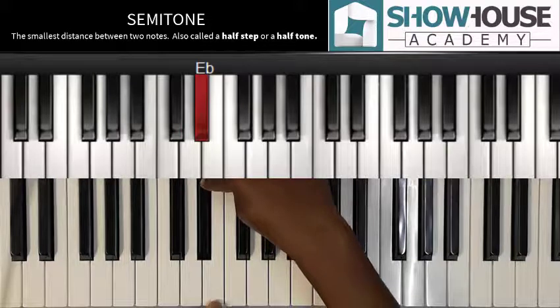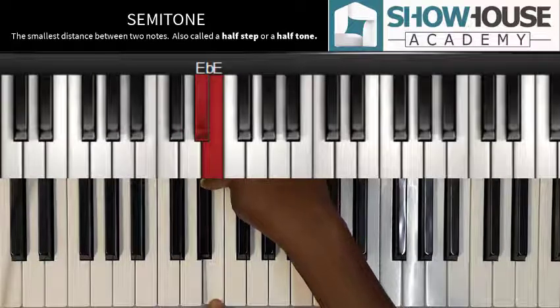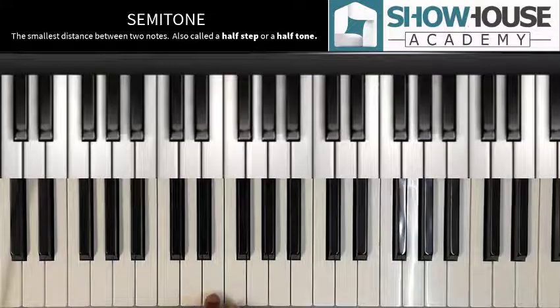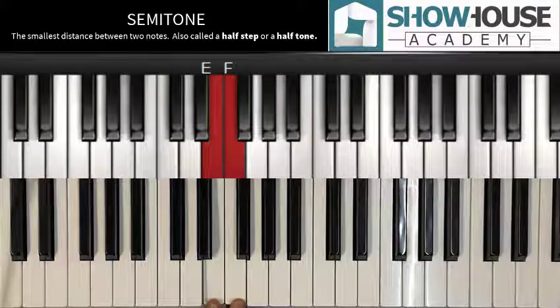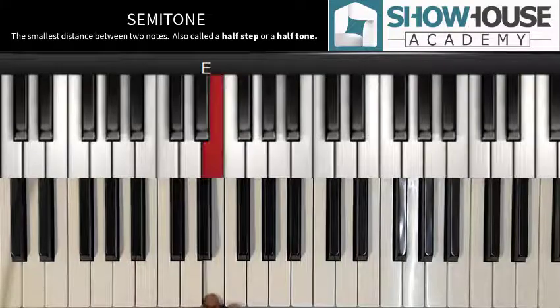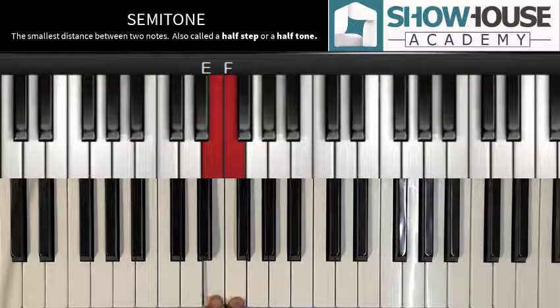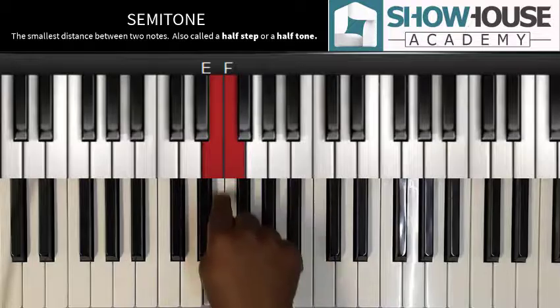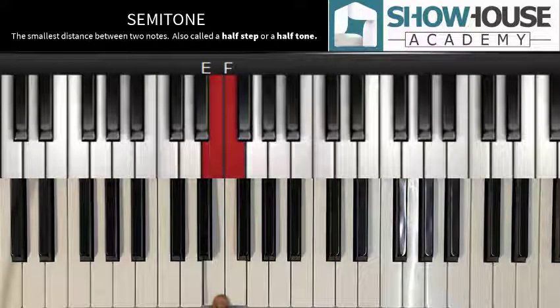From E flat to E, another semitone movement. And then from E to F, what is it? Is it still a semitone? Yes, the answer is yes. It's a semitone movement because I'm moving from one note to another without skipping a note in between. As you can see, there is no note between these two, right?